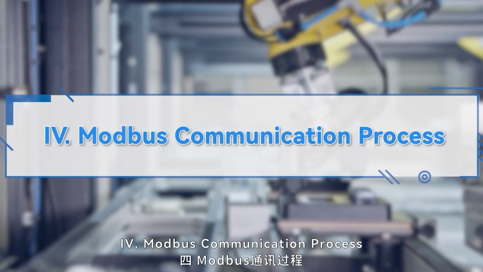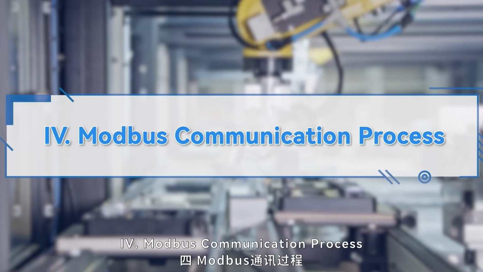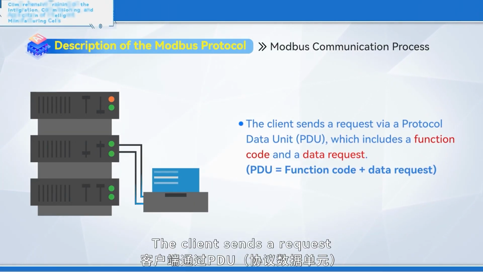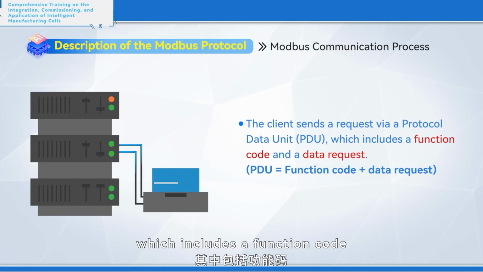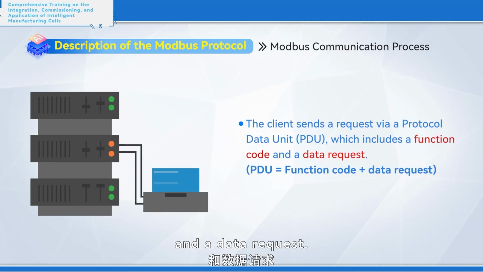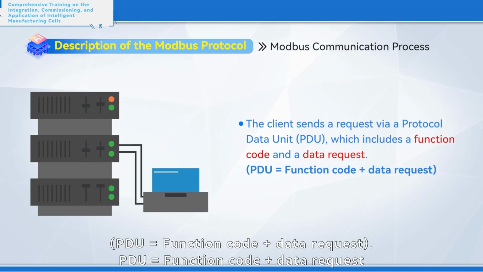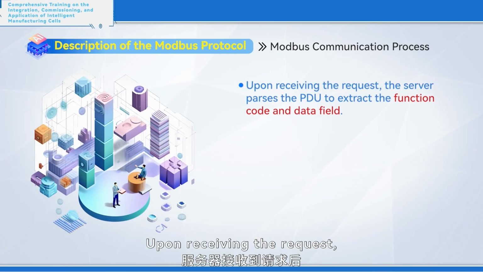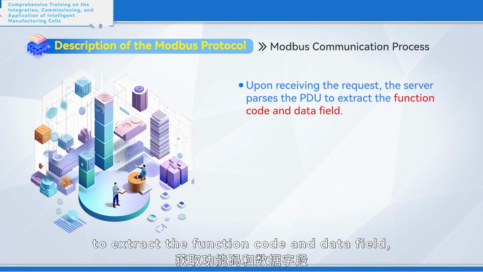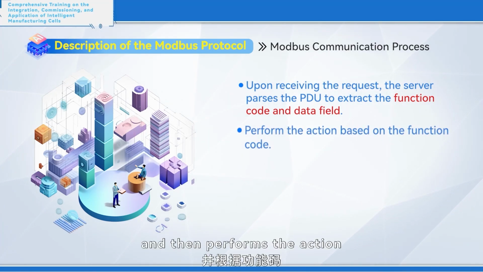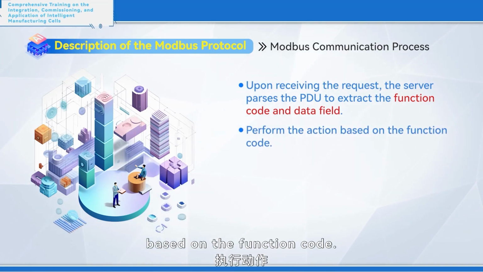4. Modbus communication process. The client sends a request via a Protocol Data Unit, PDU, which includes a function code and a data request. PDU equals function code plus data request. Upon receiving the request, the server parses the PDU to extract the function code and data field, and then performs the action based on the function code.